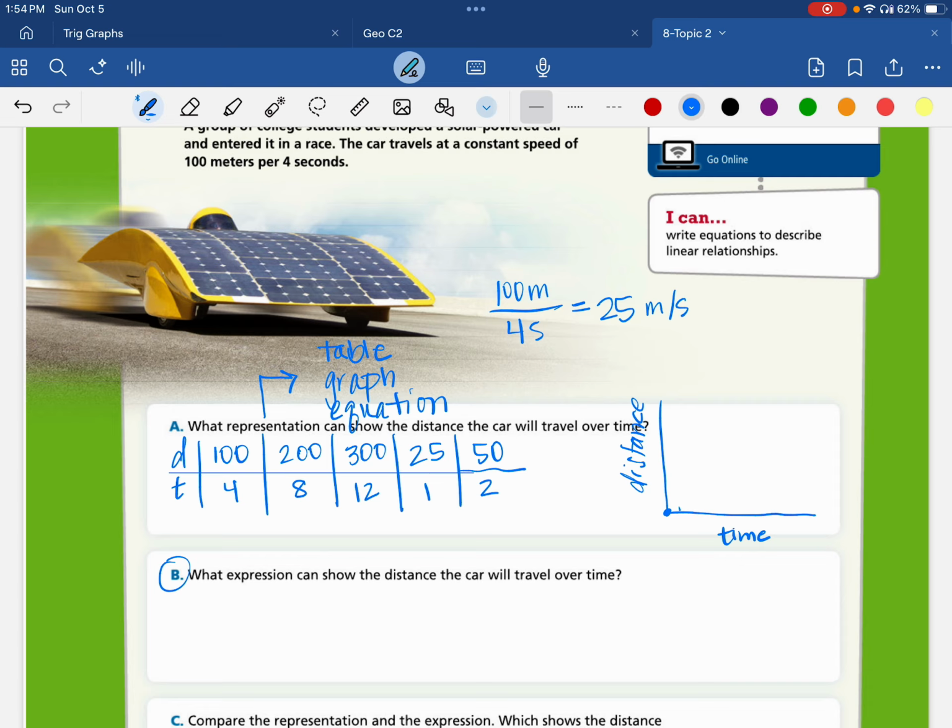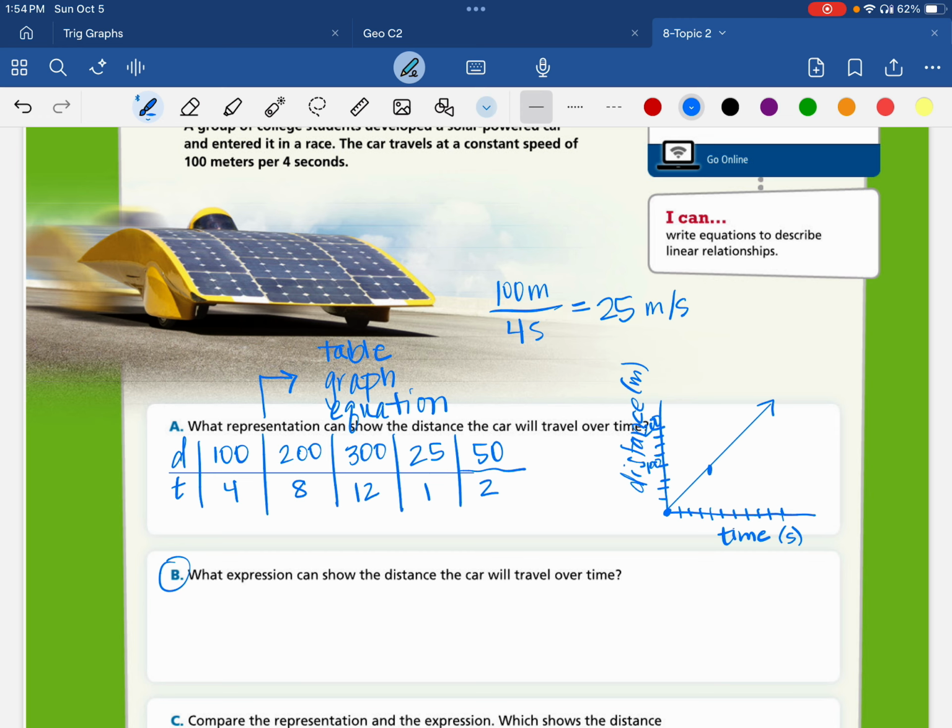And then however far out you want it to go, if each of these tick marks is 1 second, that should also be labeled here. Distance in meters. I would say maybe this is 100. My graph is not great, but 1, 2, 3, 4 seconds takes us to 100 meters. And then I can draw my line.